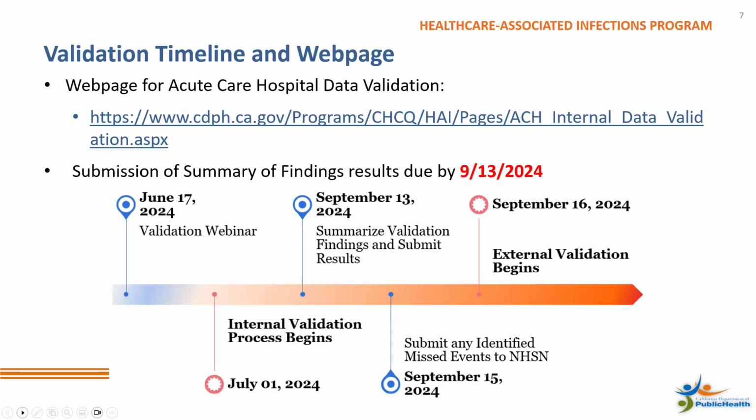We would also ask everybody who does identify missed events to enter them upon finding them into NHSN, but if you have to submit any, please submit them by September 15th. And this also shows September 16th, where external validation begins.